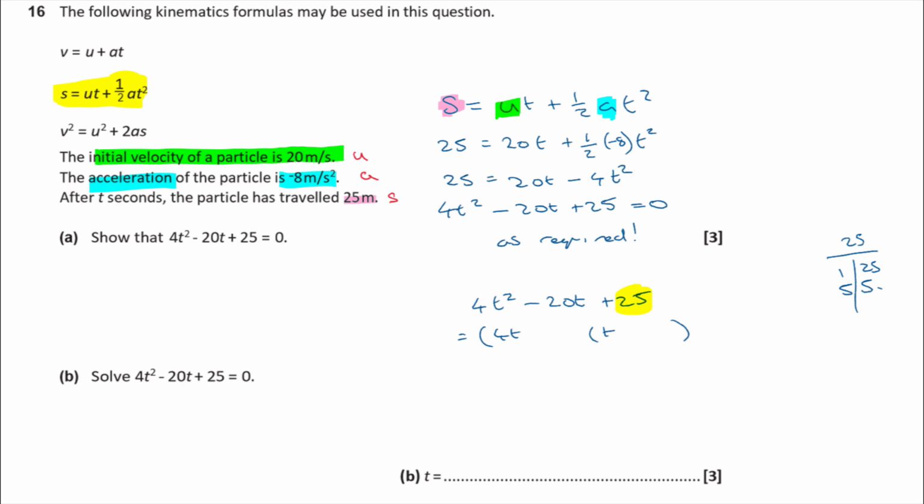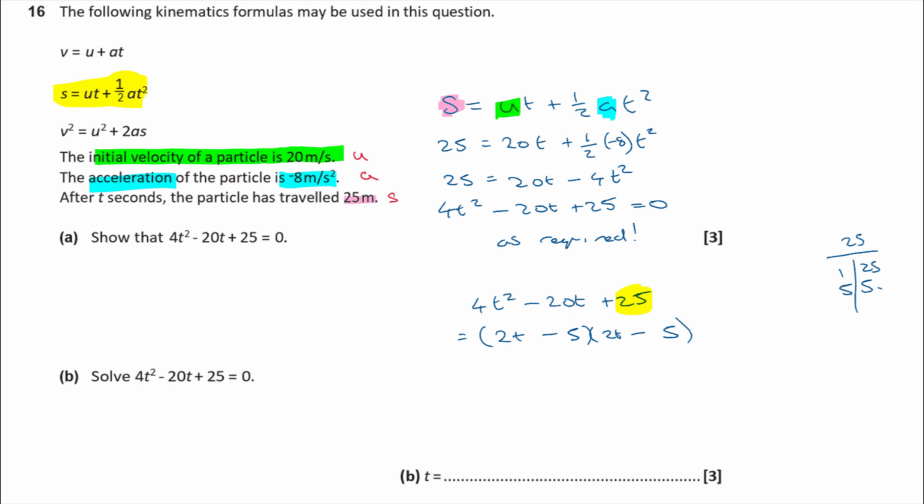But I'm going to try instead 2t and 2t, and see if that works. Yeah, actually that might work, mightn't it? If I put the 5 and the 5 in, and make them both negative, then that's going to give me the positive 25 at the end, when negative 5 times negative 5 is positive 25. And the negative 5 times 2t is going to be negative 10t twice, isn't it?